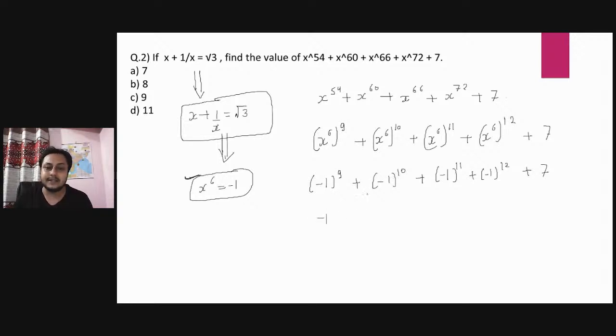Similarly, minus 1 to an even power becomes plus 1. Minus 1 odd power means minus 1, minus 1 even power means plus 1, plus 7, right? This cancels out, so the answer comes out to be 7. So easy. Option A is the right choice.